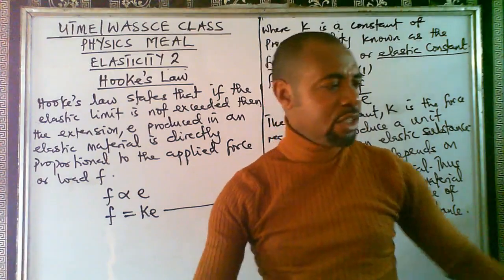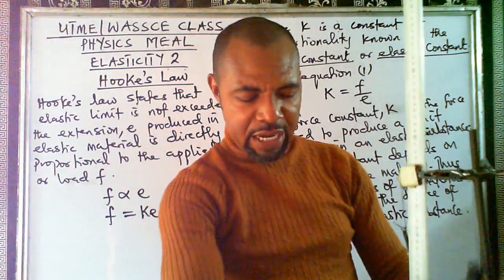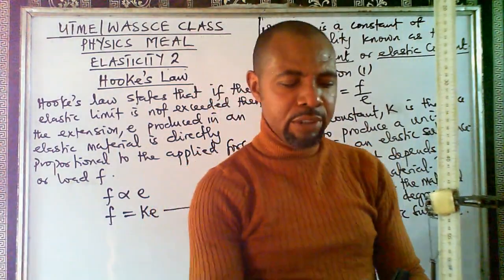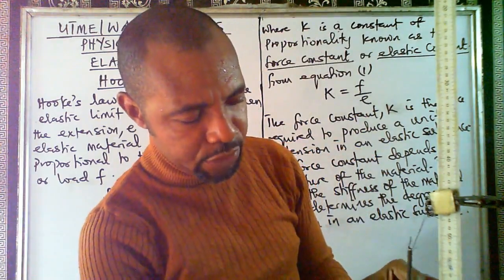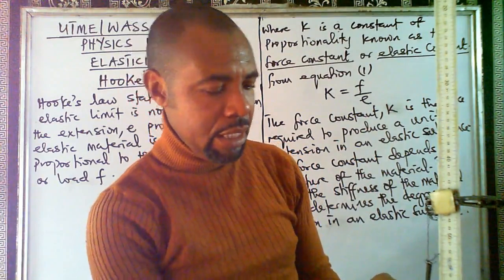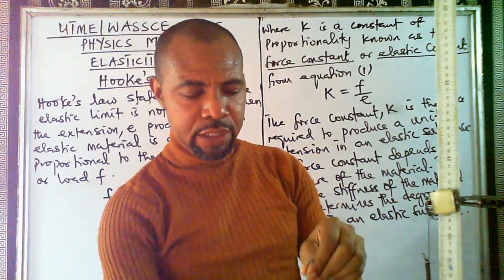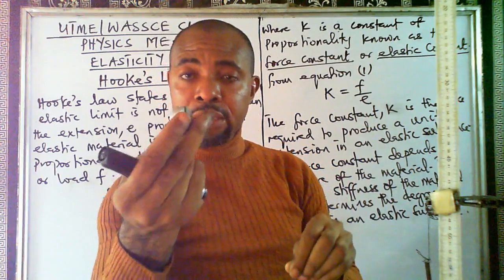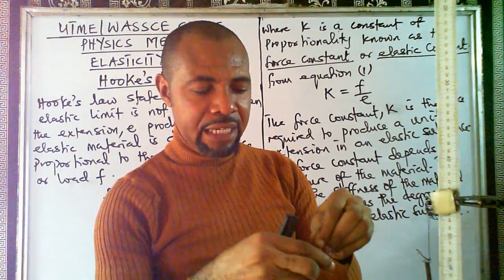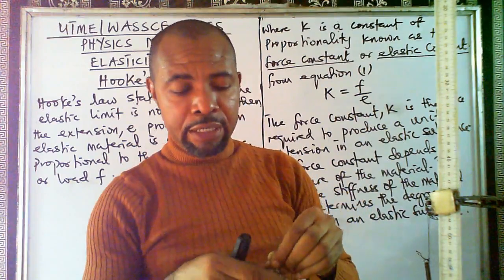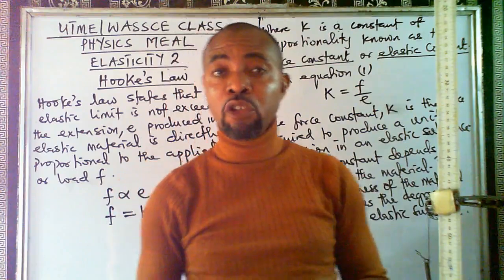And we can actually show that if we have this set up now. This is a spiral spring. This is a pointer. I'm using an optical pin as my pointer. Now I have a set of slotted masses that I can use to show this. Each slot is 50 gram. So I'm using these masses as the load. We said that extension is directly proportional to the applied force or load.